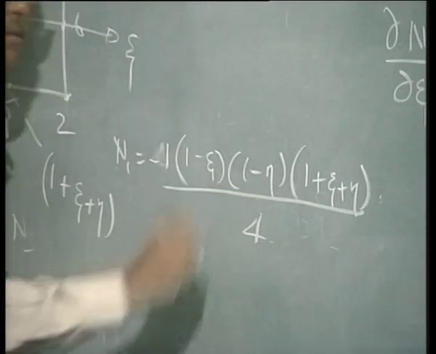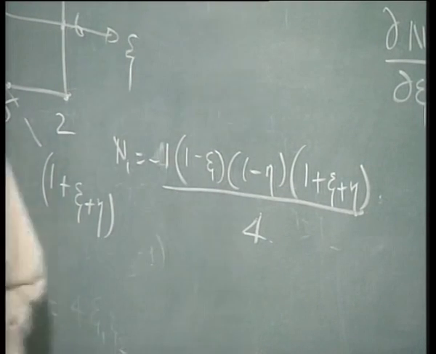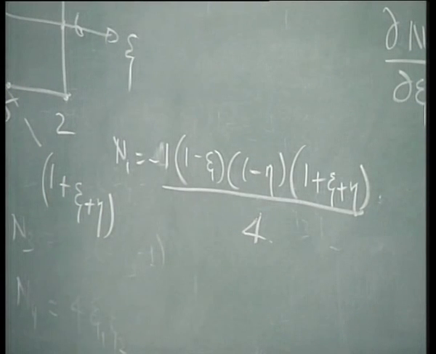You would notice when you multiply, that is exactly similar to what I did in the previous class. You can do that in a very simple fashion. So you write down now n1.